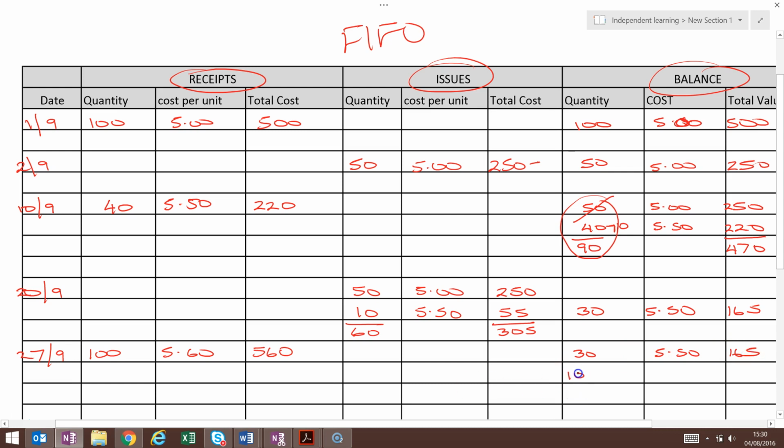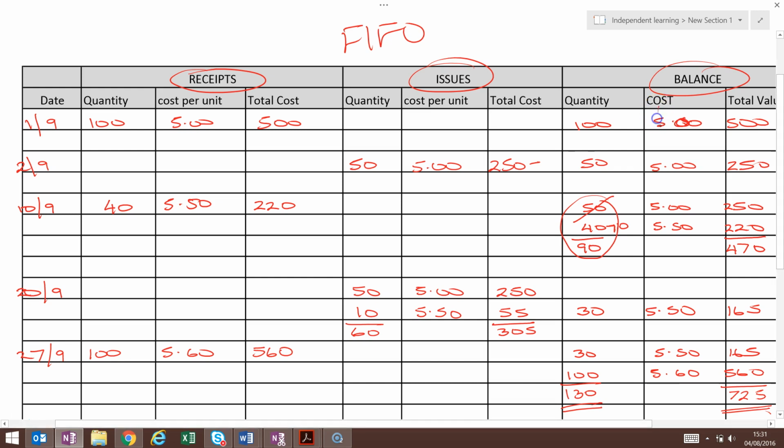And we have another 100 units that we paid £5.60 for. So in total, 130 units, £725. So there's our stock valuation card written up using FIFO. And we can see, as at the 27th of September, 130 units in stock, and our closing stock valuation £725.